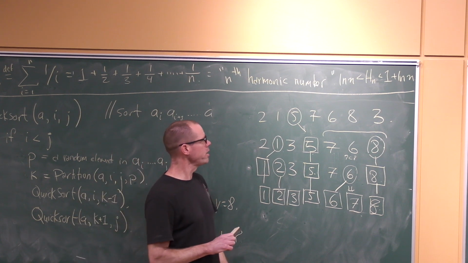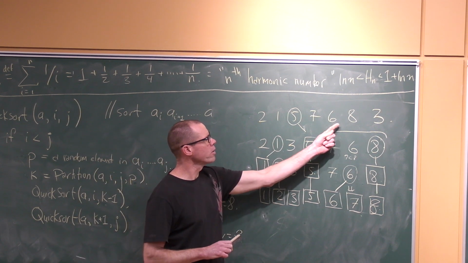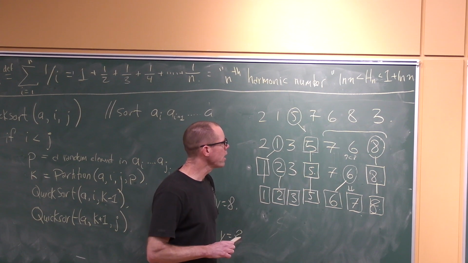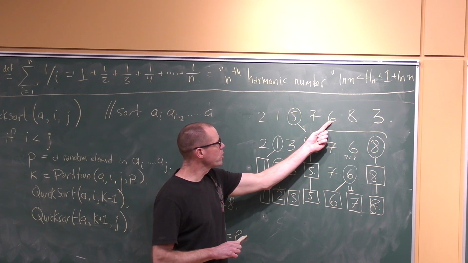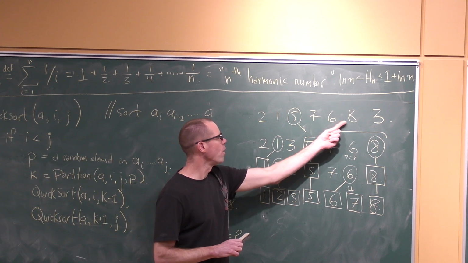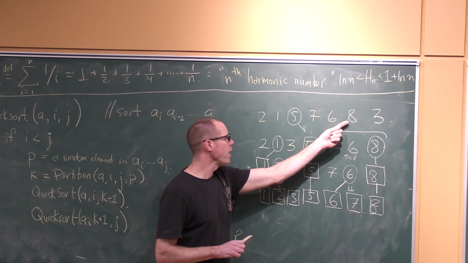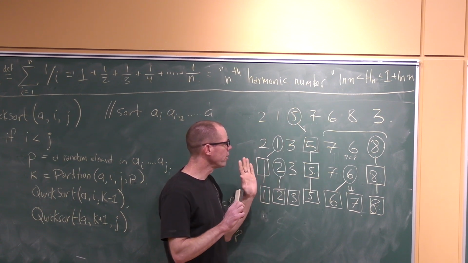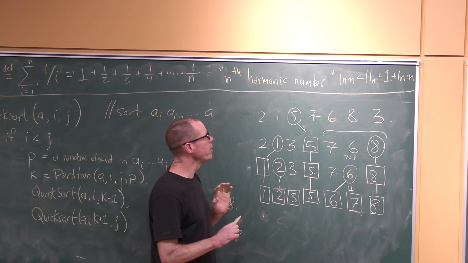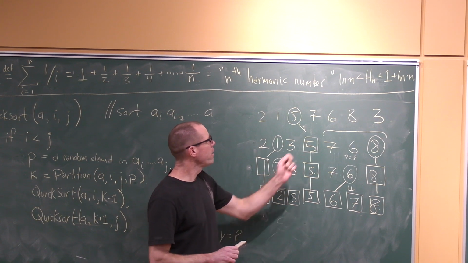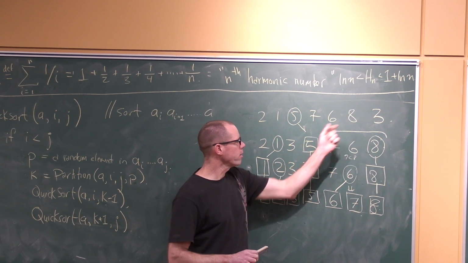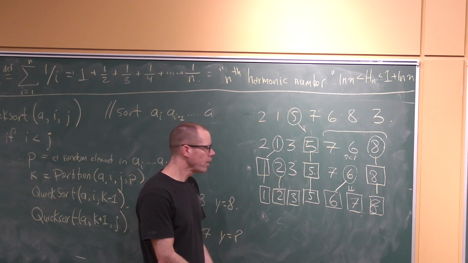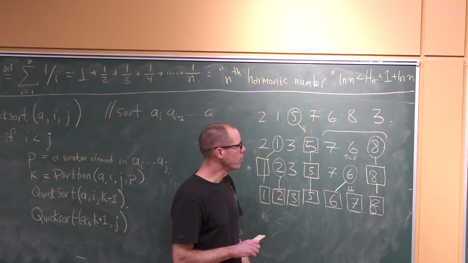Similarly, if I want to know, did 6 and 8 get compared, I would look at the range 6, 7, and 8. Sorry, let's take a step back. If I wanted to know if 7 got compared to 8, then I would look at the set 7 and 8. One of those was picked as a pivot eventually. In this case, it was 8.